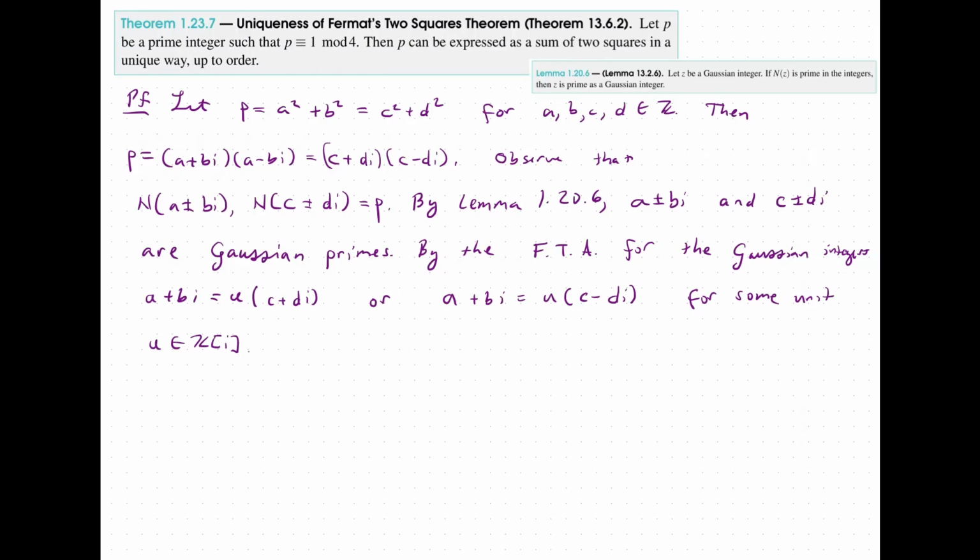And so we have these two possibilities, since we know that they are the same, up to unit and order. And now we're going to utilize an exercise that you'll be doing for homework.